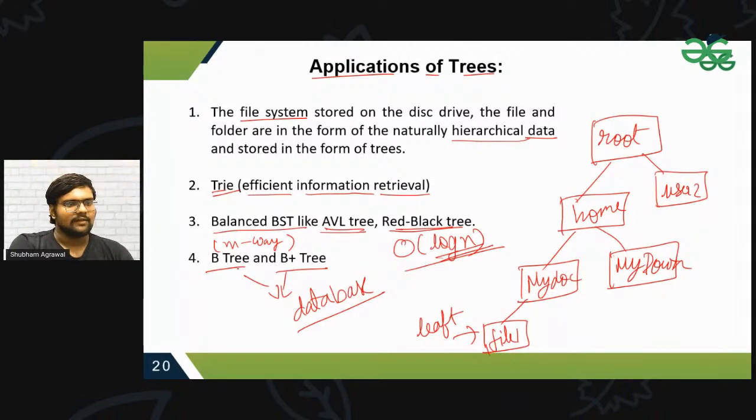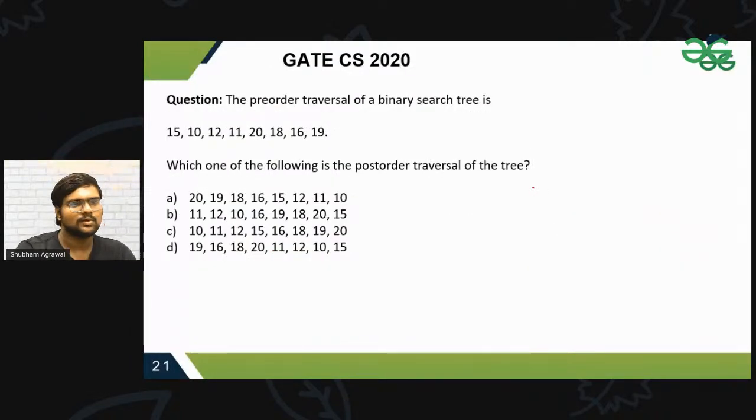It can have M children and M minus 1 keys if the order of a B tree is M. So this is about the B tree and B plus tree. So trees are used almost everywhere in computer science.